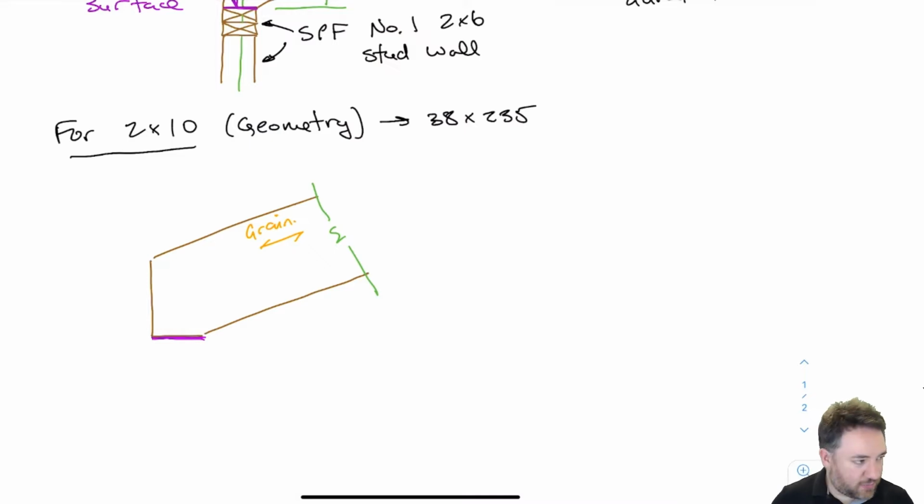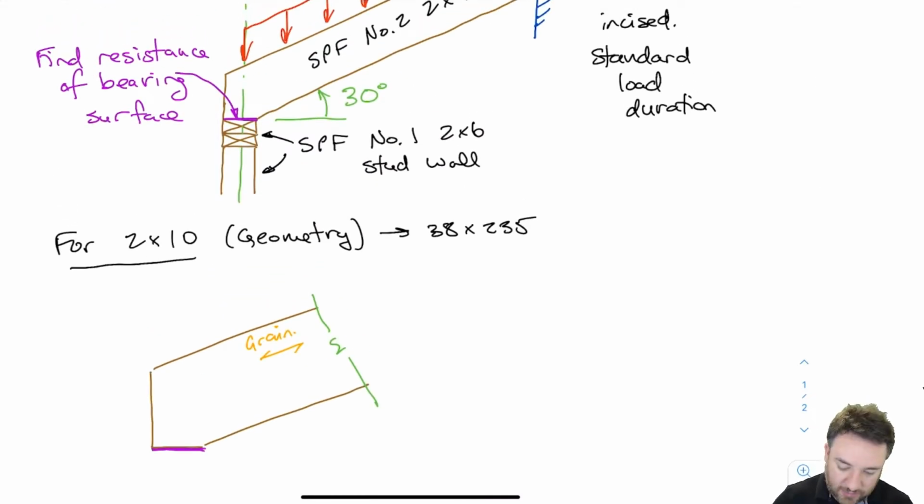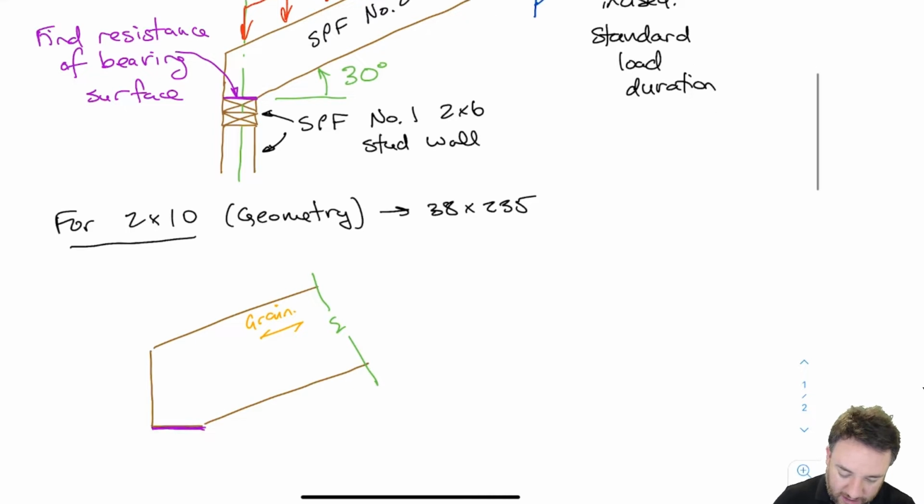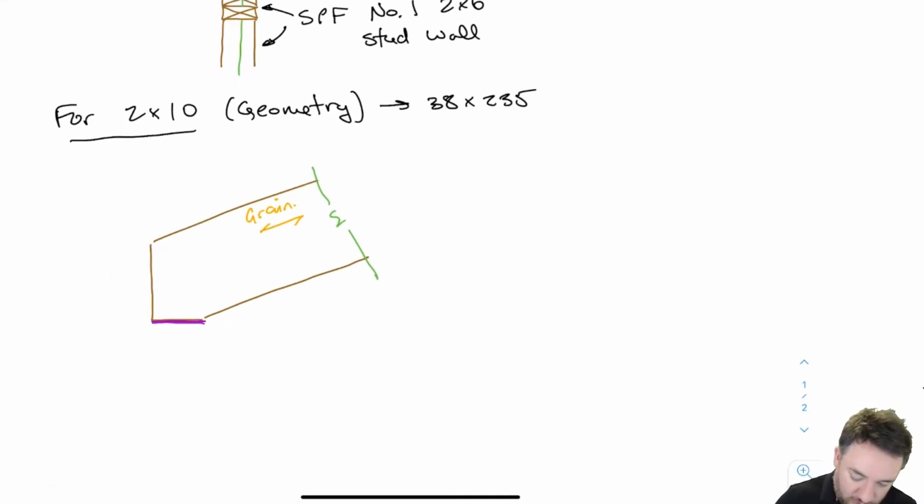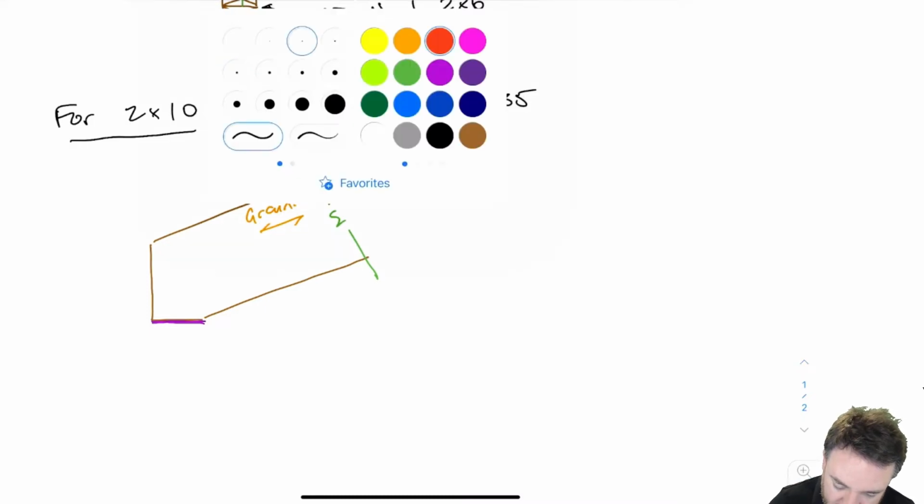I've just blown up the bottom of our beam. So I'm looking at this area right here, but blown up a little bit more so we can look in detail. Basically what we're looking at here is a beam. The joist grain direction is indicated by orange. It's in the longitudinal direction of the joist as usual.